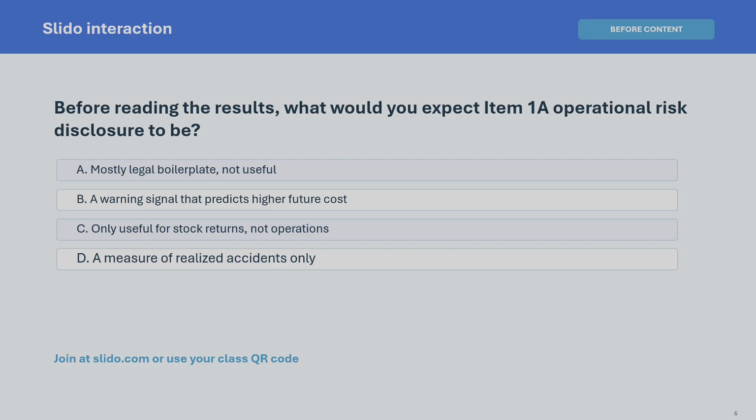So before we get into the paper, can you guys answer this? We probably don't need to use a Slido, but you can answer it in your mind.